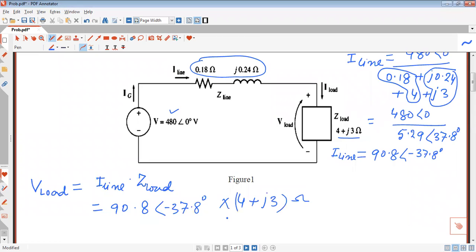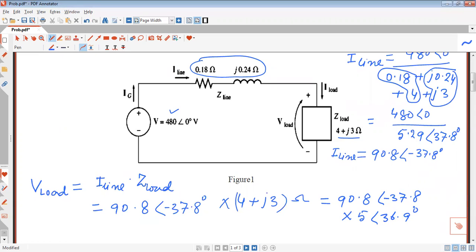So that we can multiply polar by polar, and we will get 90.8 angle minus 37.8 multiplied by 5 angle. Converting 4 plus j3, which is in rectangular form, to polar, the angle is coming 36.9 degree.